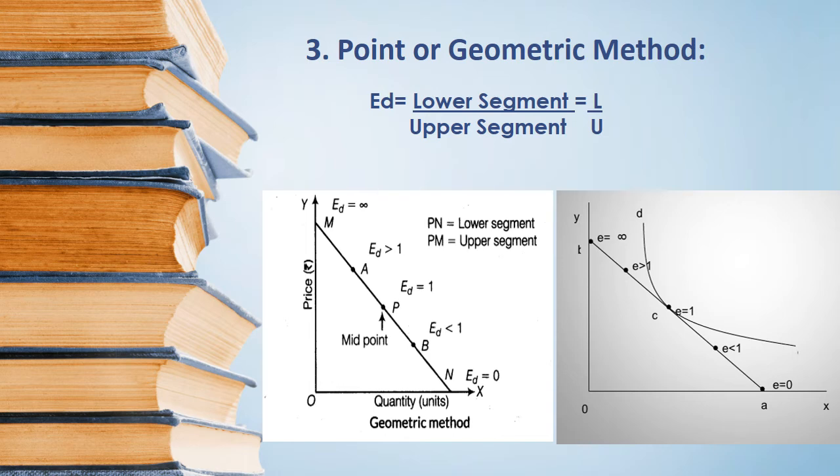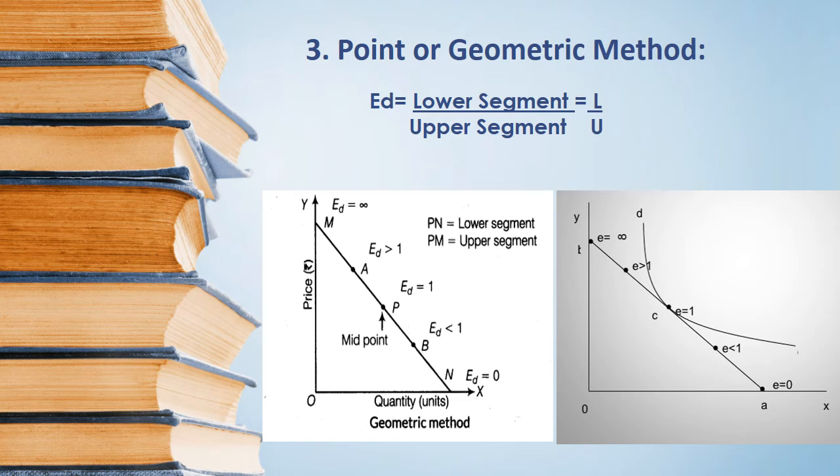The demand curve may be either a linear demand curve, that is a straight line, or it can be a non-linear demand curve, that is a convex curve. The first picture depicts the linear demand curve. When the demand curve is linear, that is a straight line, we extend the demand curve to meet the y-axis and x-axis, that is we join the axis.